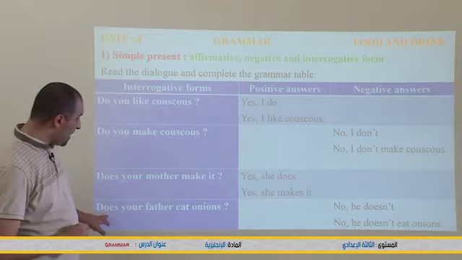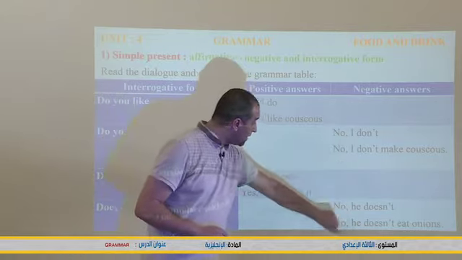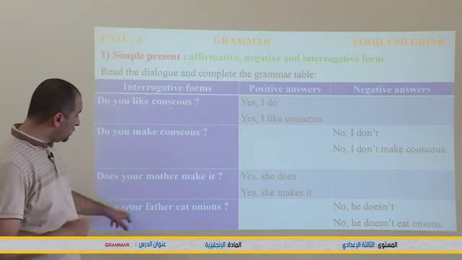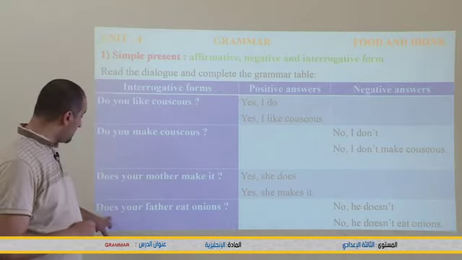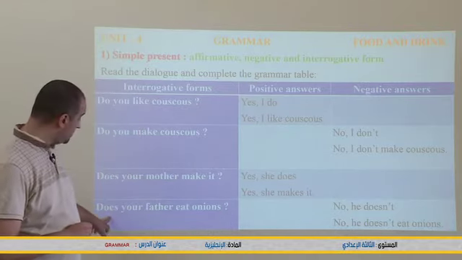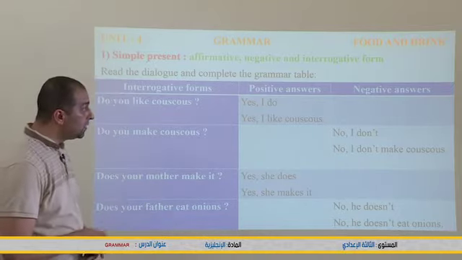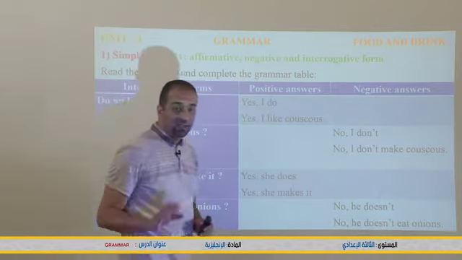This question I added to show the negative form in the third person singular. So, does your father eat onions? This is my example added to this chart. Does your father eat onions? No, I say, he doesn't. Negative form.